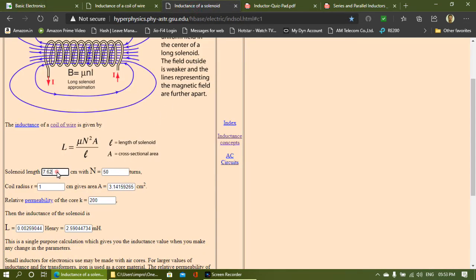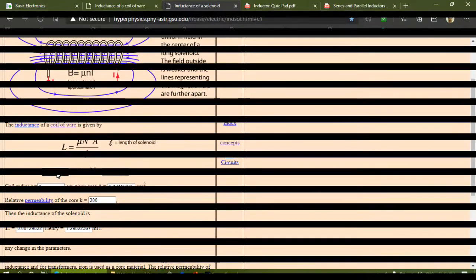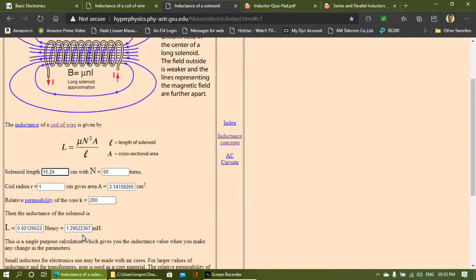We should confirm. In case of 6 inch, in centimeter it will be 15.24. See your inductance result. In that case, inductance will reduce to 1.29 millihenry.